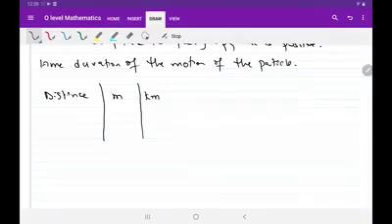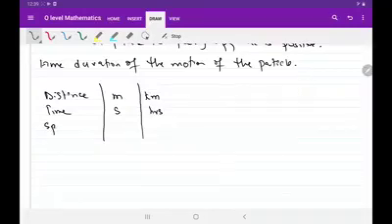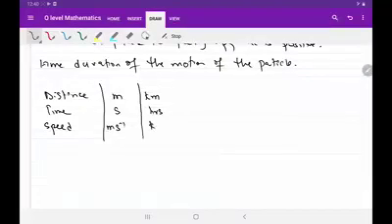Time can be in seconds or hours. Speed can be in meters per second or kilometers per hour, and acceleration can be in meters per second square or kilometers per hour square.